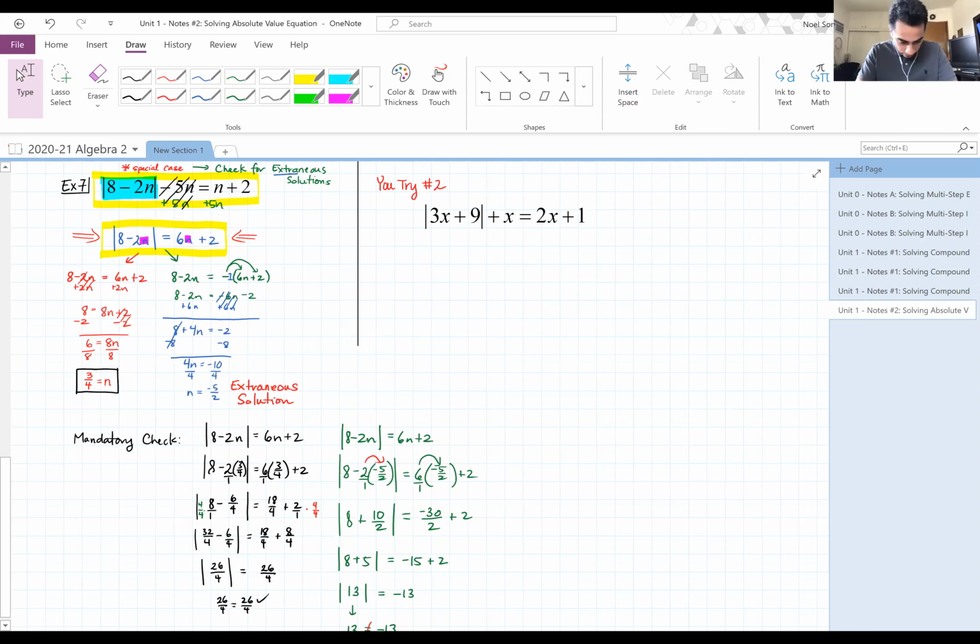So I would like for you to try number 2. You don't have to do it on the Nearpod because I just realized how much work it is. So I'd rather you keep all this work in your notebook, and not spend time trying to write all this out with the Nearpod. So don't worry about the Nearpod. Focus here. Work on this example right now. I'm going to give you about 5 minutes.